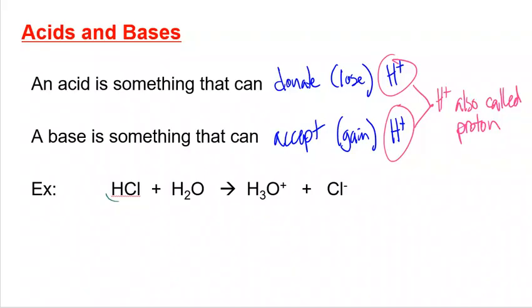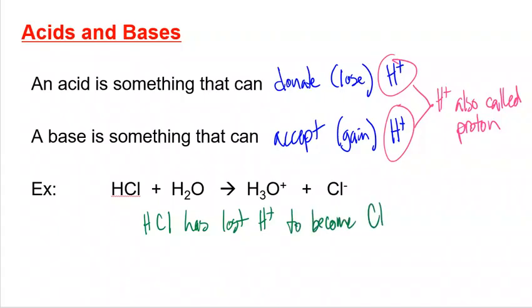So HCl has become Cl- by losing a proton. I'll write that out: HCl has lost an H+, it's lost a proton to become Cl-. Therefore, in this reaction, HCl is the acid.